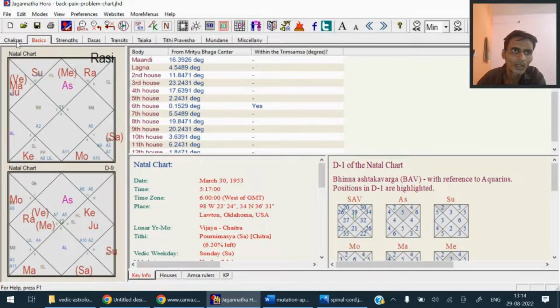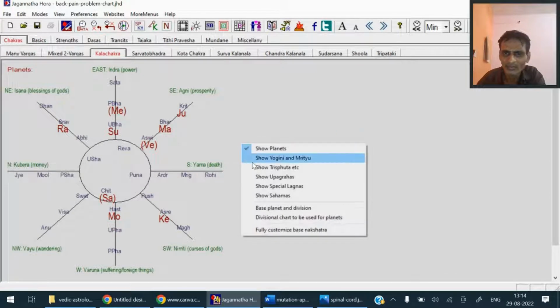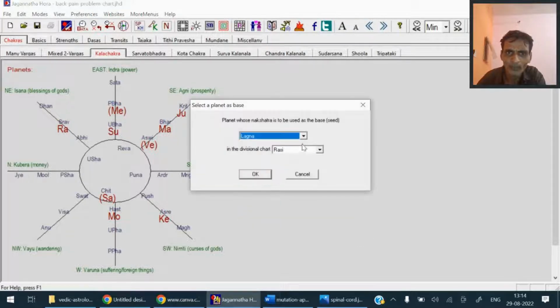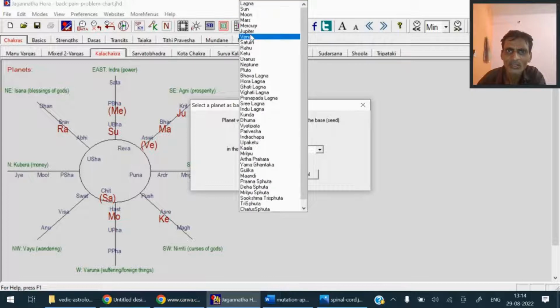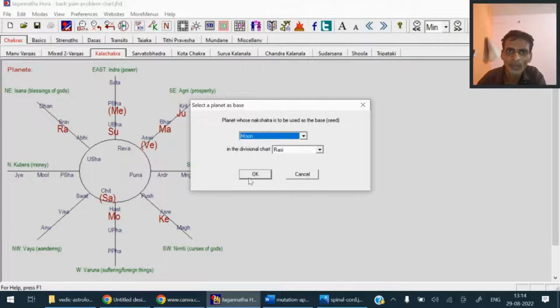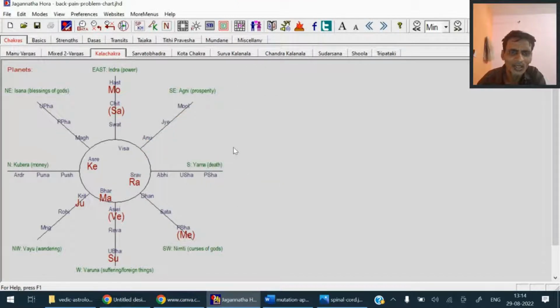And now let us analyze the Kala Chakra chart with respect to Moon. We can change Lagna to Moon. And as you can see, with respect to Moon, Mercury is again suffering from Niriti, curses of gods.